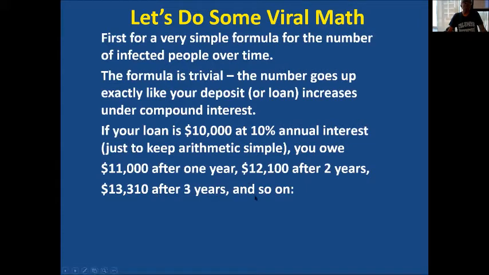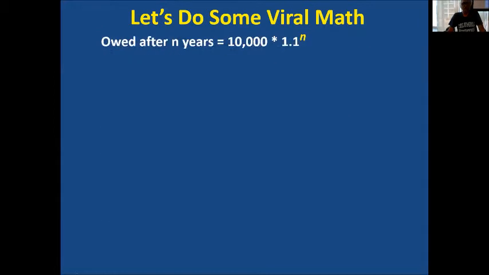Assuming, of course, I did my arithmetic correctly. So you go on like that. After n years, it's a very simple formula. It's $10,000 multiplied by 1.1 raised to n. So this is very simple stuff that I think you all know or feel pretty okay with.